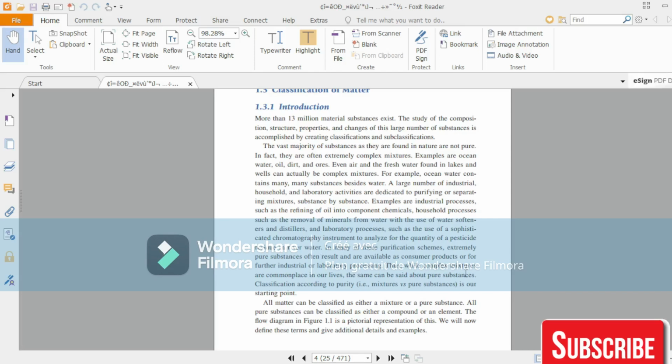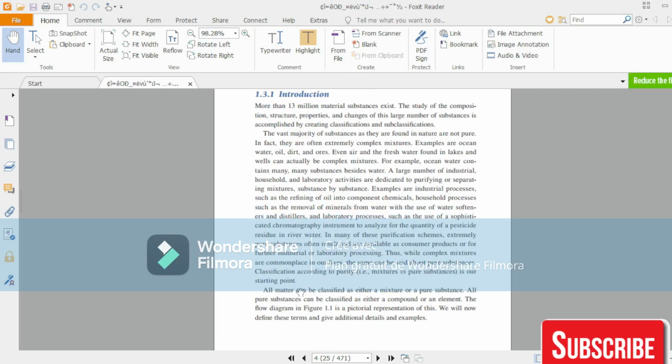In many of these purification processes, extremely pure substances often result and are available as consumer products or for further industrial or laboratory processing. Thus, while complex mixtures are commonplace in our lives, the same can be said about pure substances.